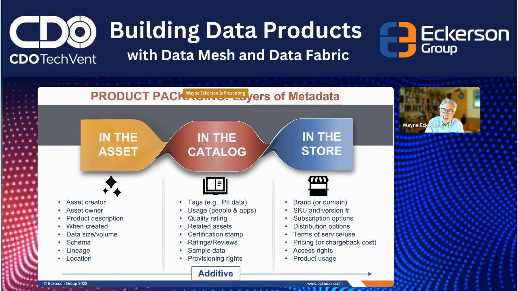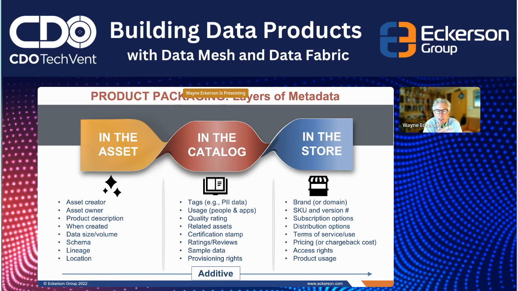And if you're lucky to have a data catalog, when you put the asset or register it up there, it's going to bring a whole bunch of additional metadata, tags. For instance, you know, this record or this data set has PII data. You're going to be able to see who's using that asset, both people and downstream applications.